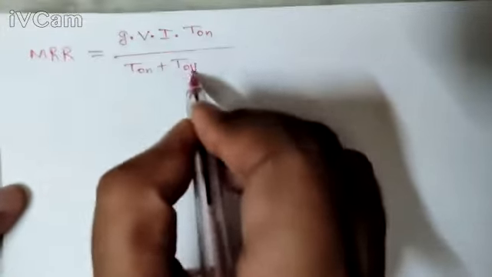And if we write that, then we will find that MRR, material removal rate, is equal to G into V into I into T on divided by T on plus T off.